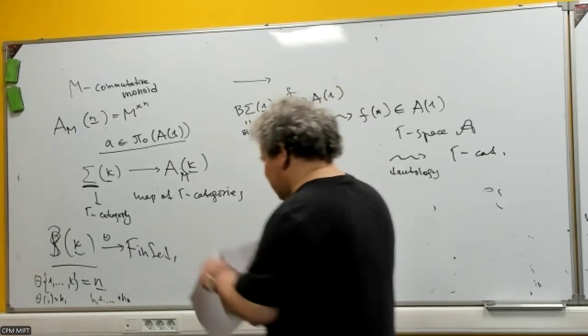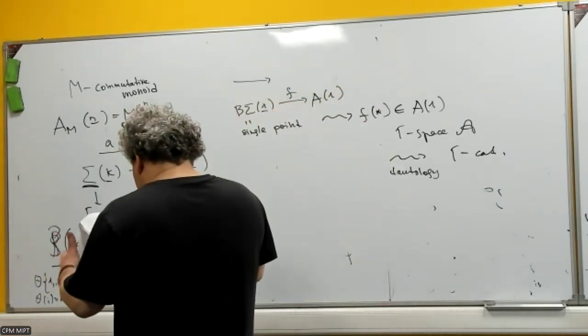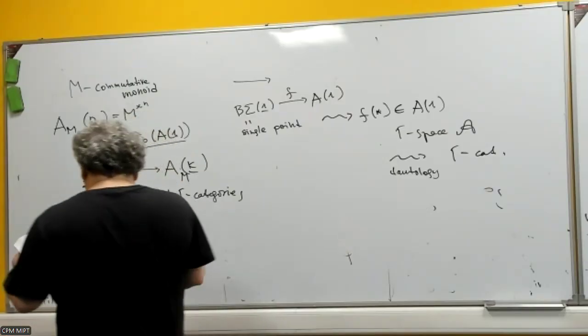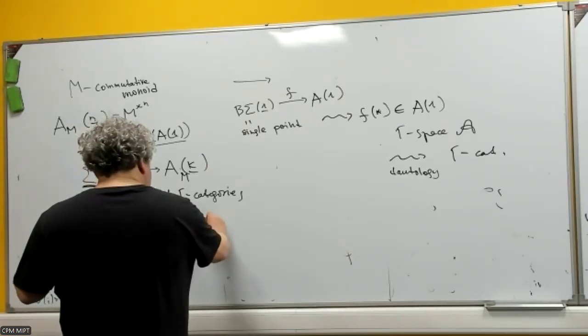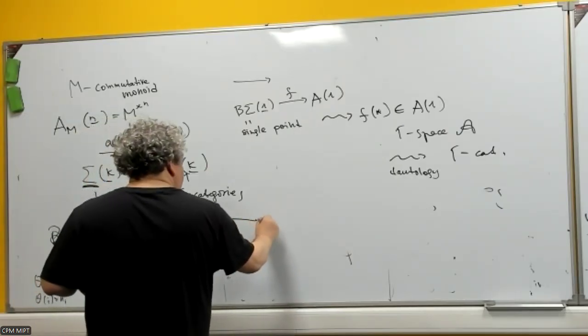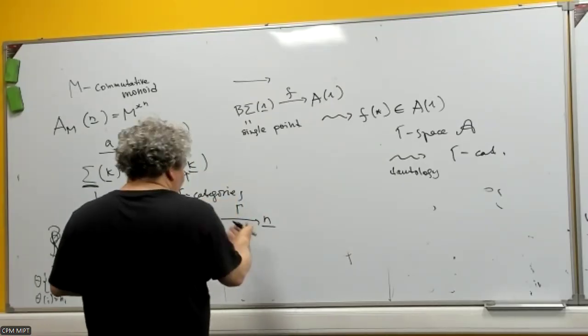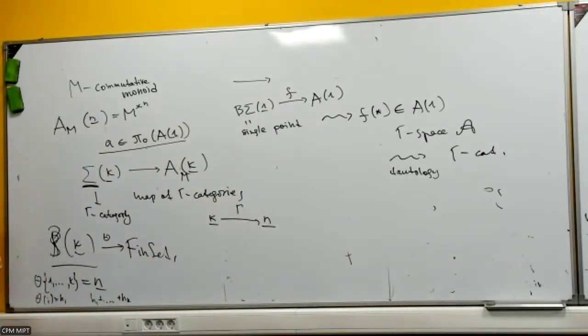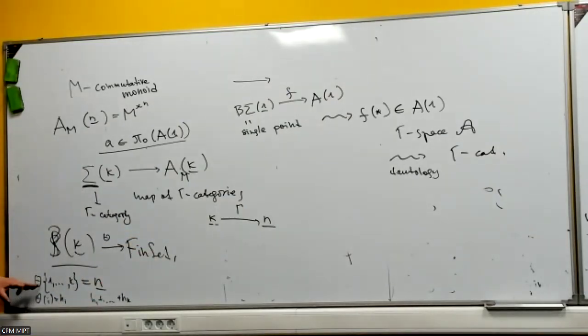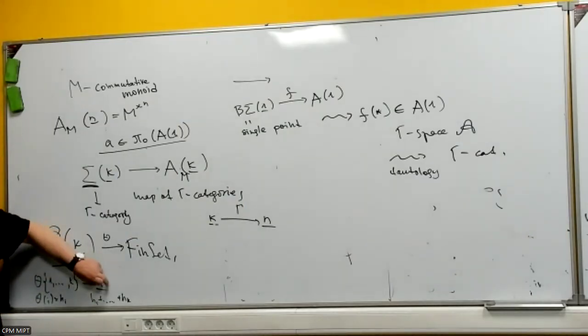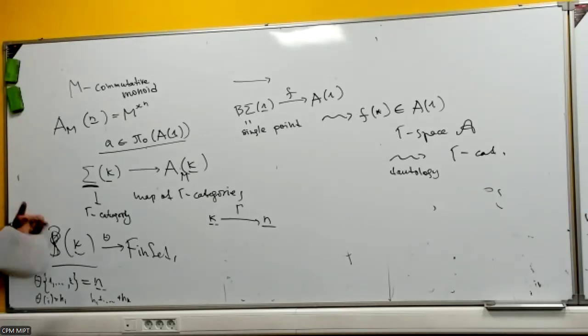Then all such maps in this category can be interpreted as maps from this k to n in gamma. The claim is that if you have such a function in gamma where the k-element set is sent to the entire n-element set, then I get the same information as for this functor theta.